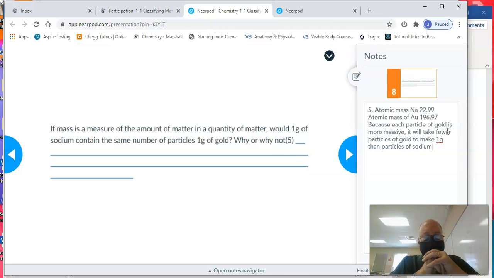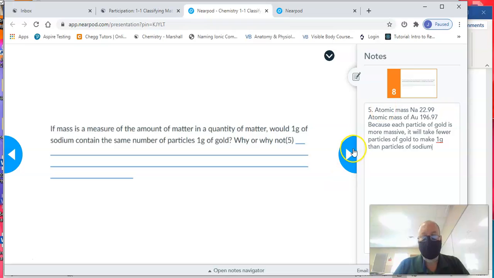This is confusing because gold is more dense, so we think of it having more particles, but that is per volume. When we ask how many particles will be in 1 gram, there are fewer particles of gold in 1 gram than there are of sodium.